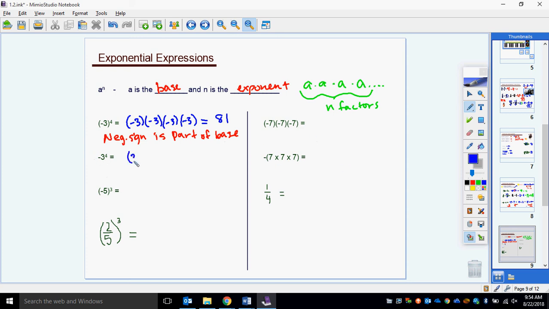So what it's saying is take 3 times itself 4 times, and then out in front, you're going to have a negative. 3 times 3 times 3 times 3 is 81, but there's that negative there, so my answer would be negative 81. So the negative sign is not part of the base.